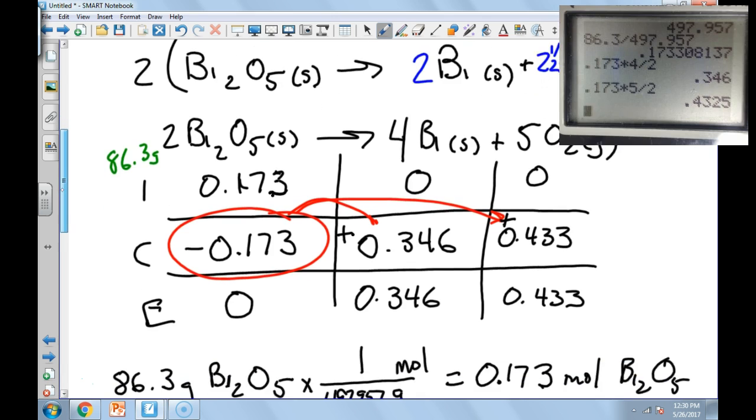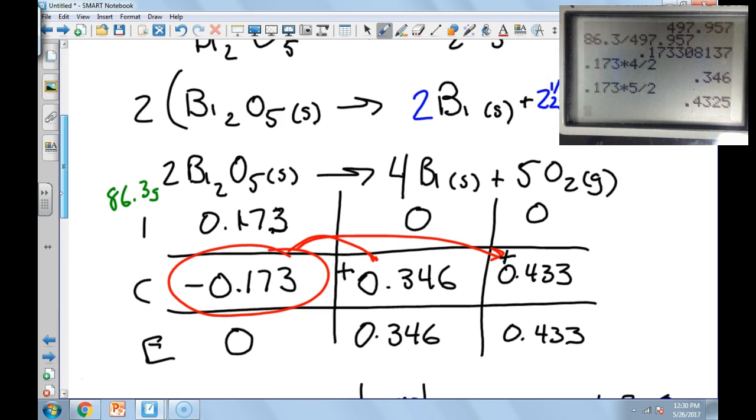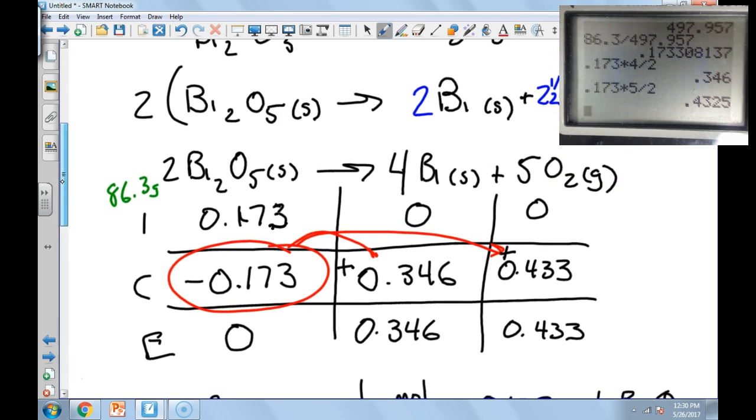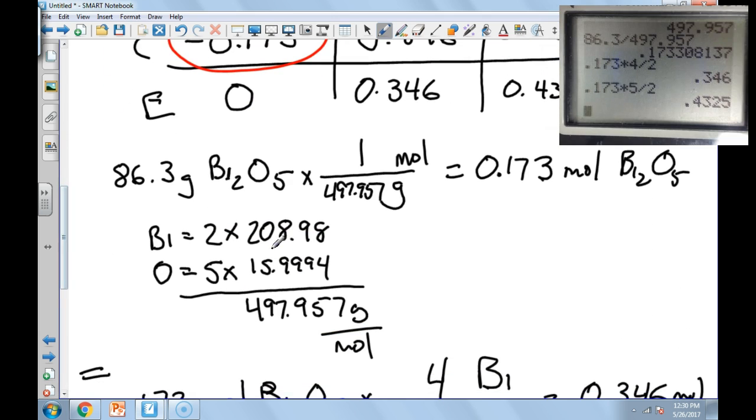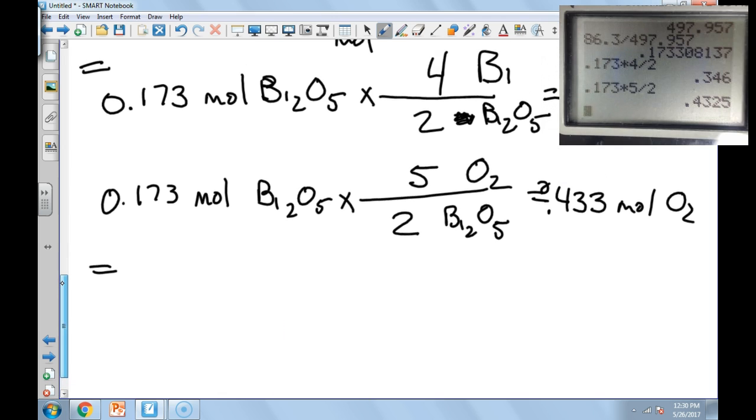And in order to convert to grams, we need the molar mass of bismuth, molar mass of oxygen gas. Okay, good thing we looked this up previously. So bismuth is 208.98. Oxygen gas is O2, so that's going to be 2 times 16 is 32. But I'll go down here. Okay, so we want grams of bismuth.